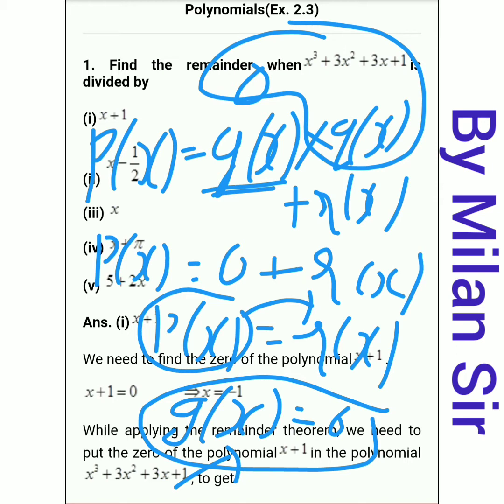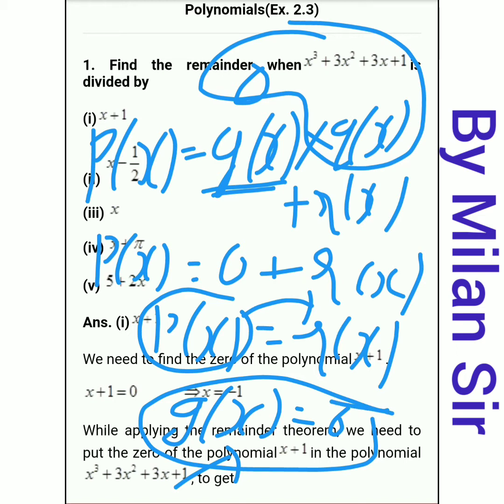By using this method, we can directly find our remainder R of x. If you have any confusion in this method, you will understand when I start to find the solution of this question.